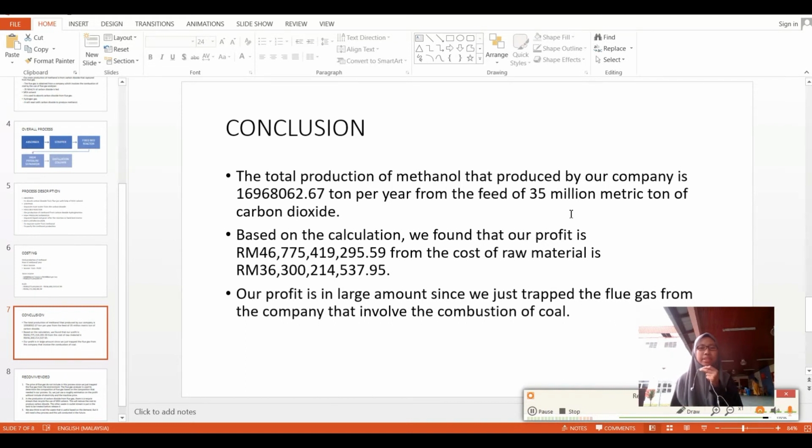Based on the calculation, we found that our profit is 46,775,419,295.59 ringgit, from the cost of raw material of 36,300,214,537.95 ringgit. Our profit is a large amount since we just scrapped the flue gas from the company that involved the combustion of the coal.